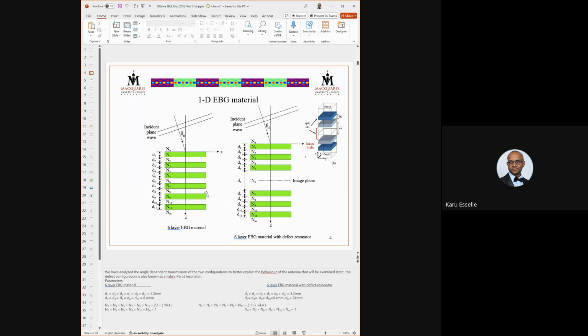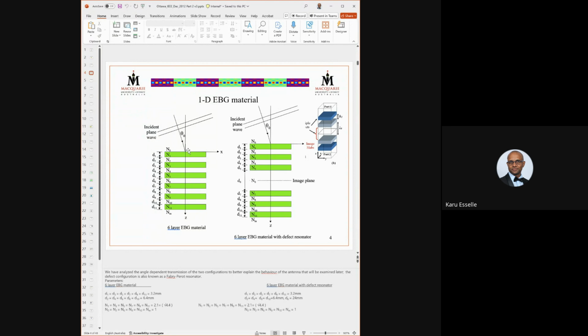So this is 1D electromagnetic band gap material. 1D means these are very large, infinitely large dielectric slabs, infinite in X and Y direction, and stacked, same material, same thickness, same spacing, to create a 1D electromagnetic band gap. 1D means it can stop waves propagating in Z direction.